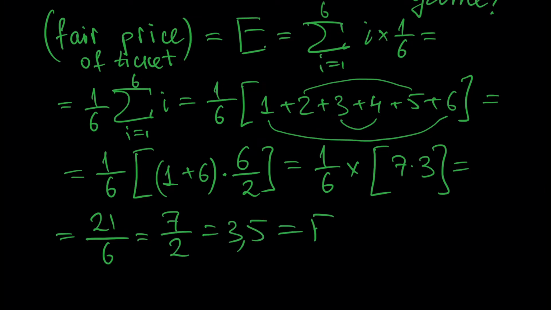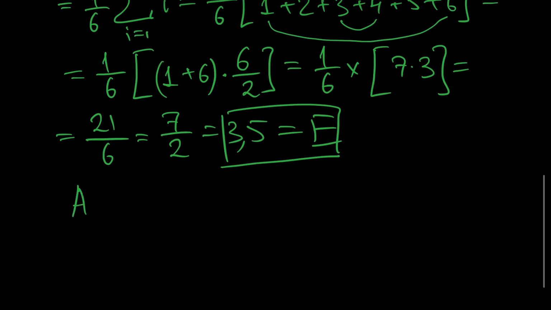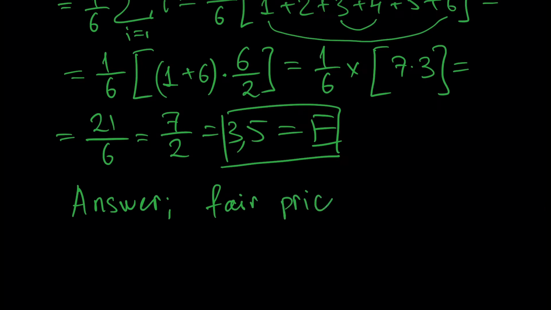So 3.5 is the expected number of dots if we play infinitely. That's why the fair price of the ticket, the answer to this problem, is $3.5.